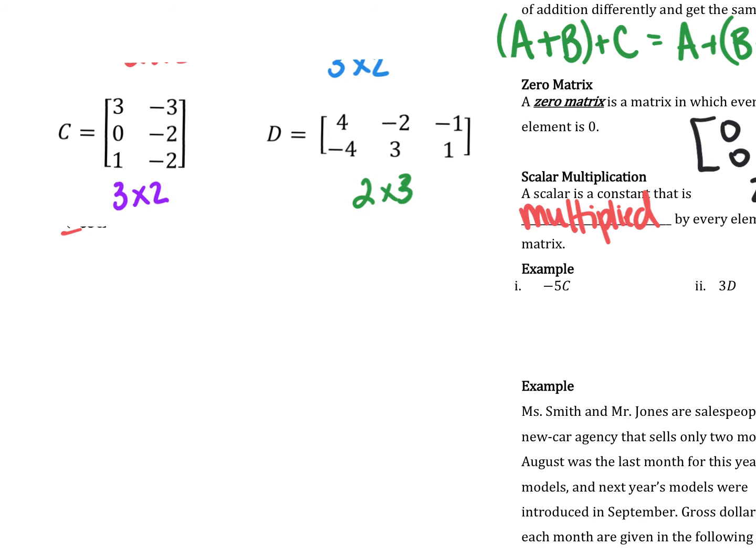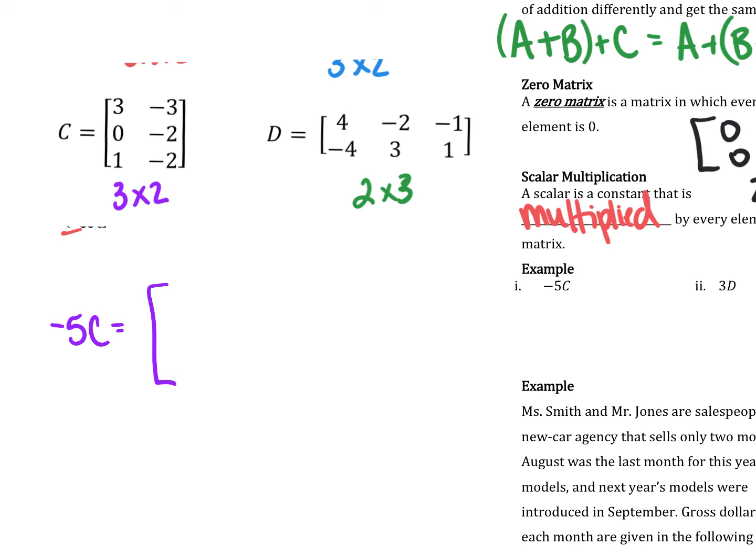There we go. If I want to do negative 5c, scalar just means you multiply every element by that number in the matrix, right? So negative 5c is equal to what?